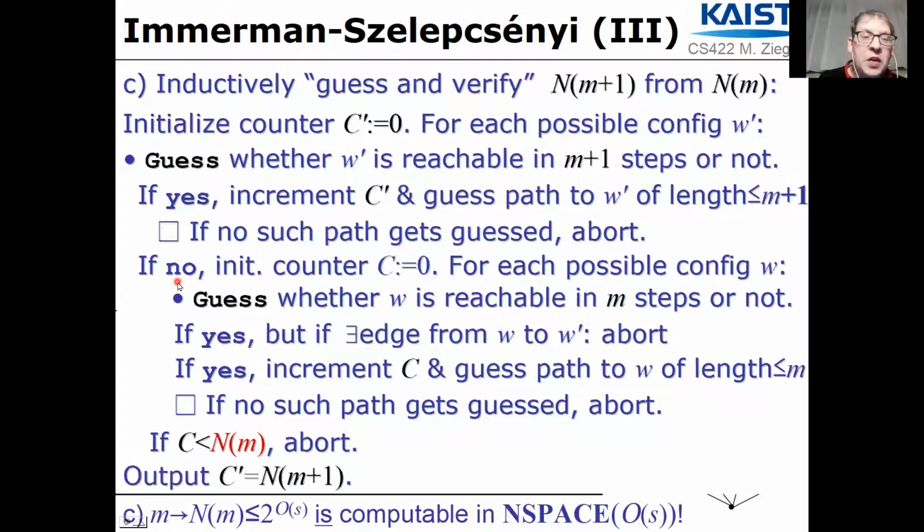So that after the termination of the outer loop, the value n of C prime is indeed the number n of m+1 of nodes reachable within m+1 steps. So that's our recap of the Immerman-Szelepcsényi proof.